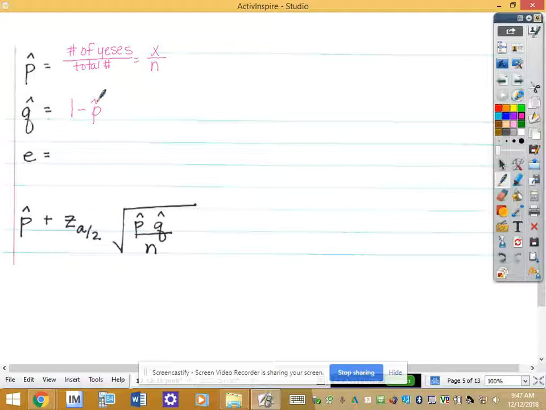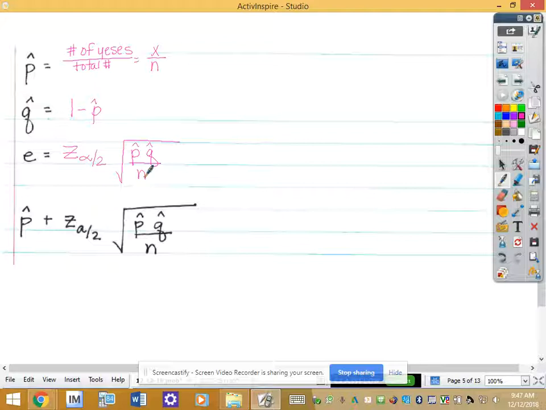E is your error. That is your Z sub alpha over 2. And in this case, we're going to use the square root of P hat times Q hat over N. Now, you'll ask, what is the difference between P hat and P? Nothing. A lot of it has to do with how books were printed, the notations that were used.